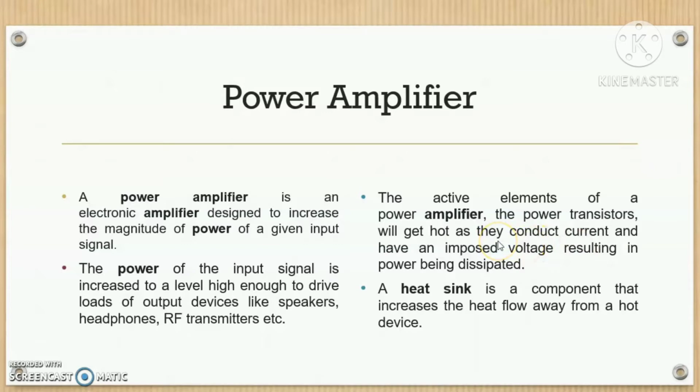So normally a heat sink is used, which is nothing but a component that increases the heat flow away from a hot device. It provides more area so that heat can spread out of the power transistor. Hence the temperature can be maintained, and we can utilize the maximum power dissipation limit of a power amplifier.